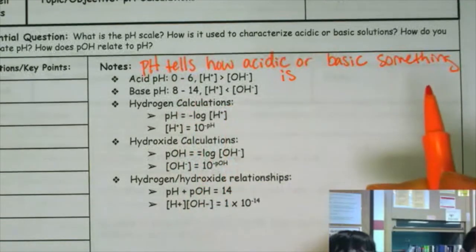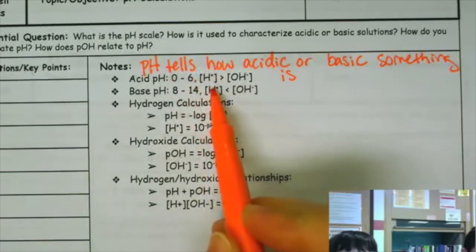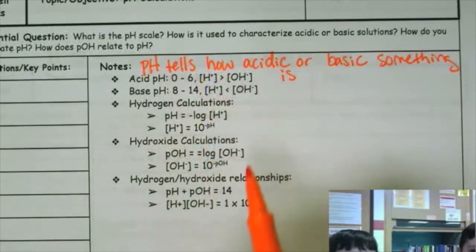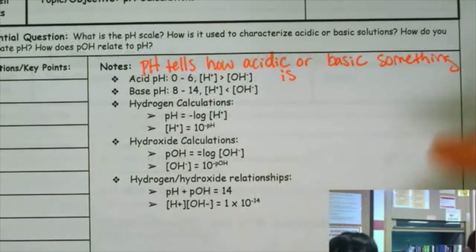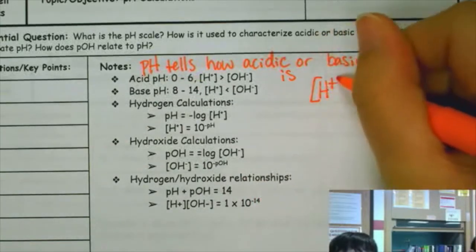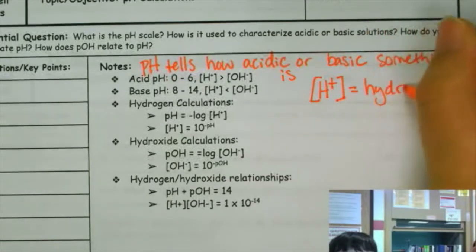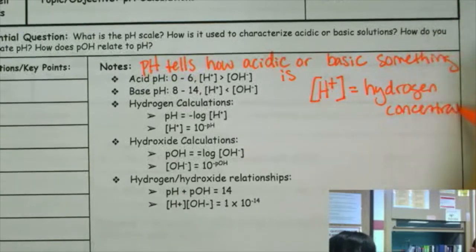Now, what these brackets mean is concentration of hydrogen, right? So we want to remember that. This bracket right here equals hydrogen concentration. So it's like the molarity. Yes, that's right, it's the same thing as molarity.